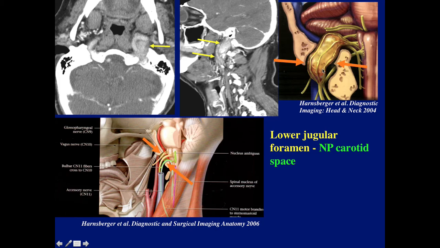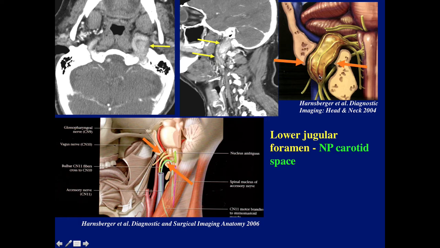If we look at this, this is a different case. This is really a schwannoma with the nerves all around it. But you can see that here's a lesion coming out of the jugular foramen. It'll drop right into the nasopharyngeal carotid space.